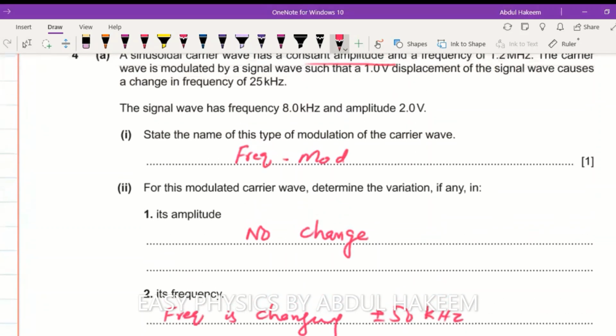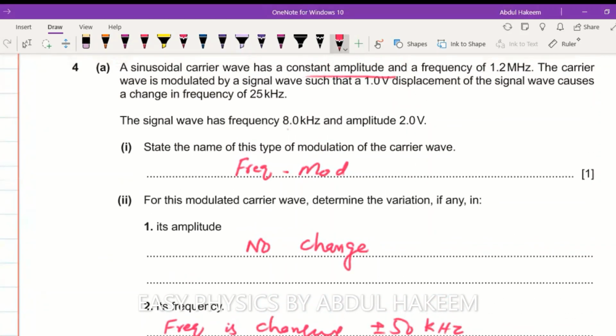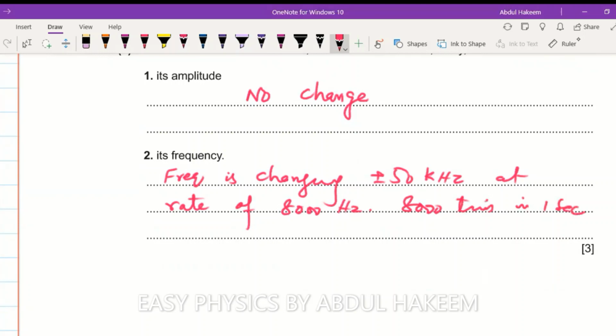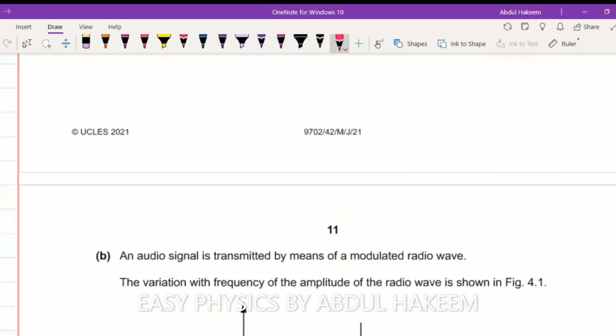And the rate of change of the frequency is equal to the frequency of the signal. So at the rate of 8,000 hertz, meaning 8,000 times in 1 second, the frequency is changing plus minus 50 kilohertz.